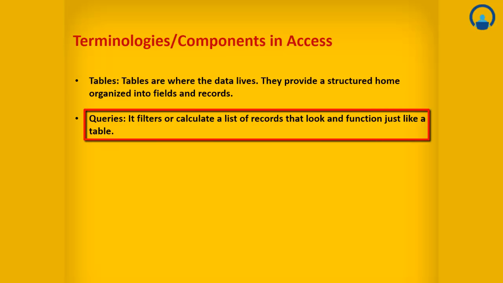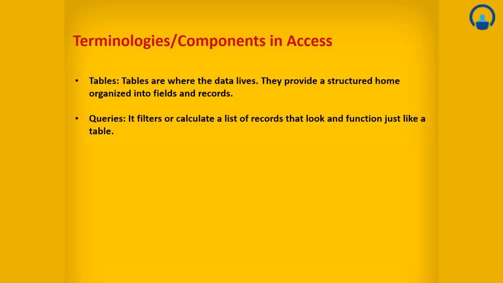Coming to queries, a query retrieves specific data from the tables or other queries and displays only the data that you specify. Basically, it allows you to ask questions, and the answer comes in the form of a query. So it filters or calculates a list of records that look and function just like a table.